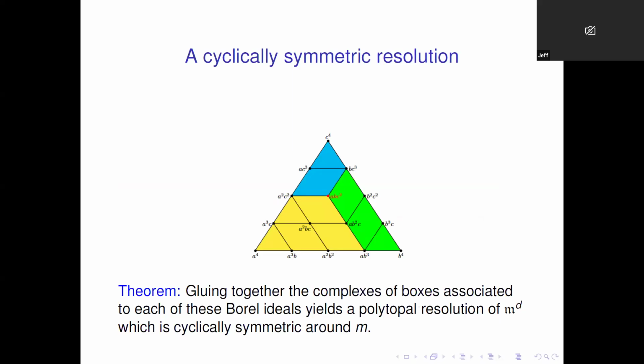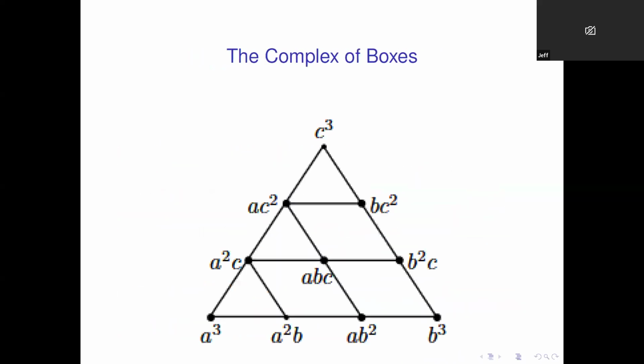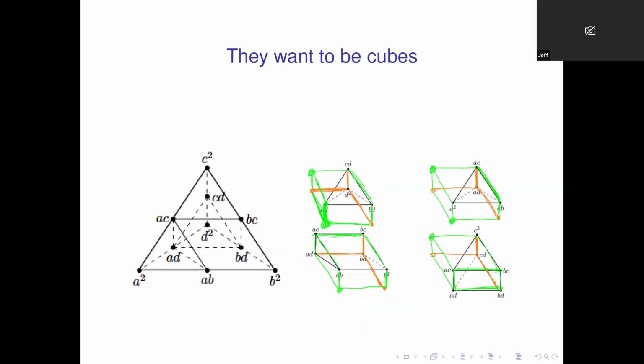So the yellow ones are just the complex of boxes. So that's a completely standard construction, which looks like this.